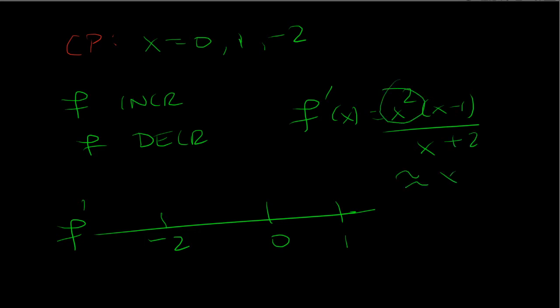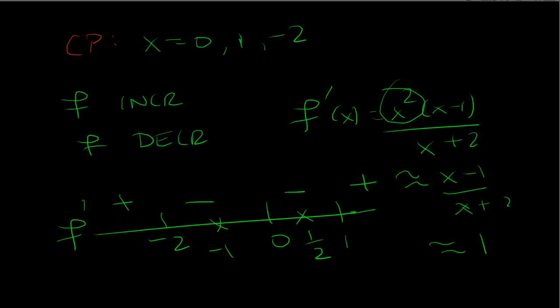So this is really (x minus 1) over (x plus 2), and in the long run, this is just 1. So we know at the endpoints it's going to be positive. And so we just need to test, let's say, negative 1.5, and we see that it's negative in those regions.